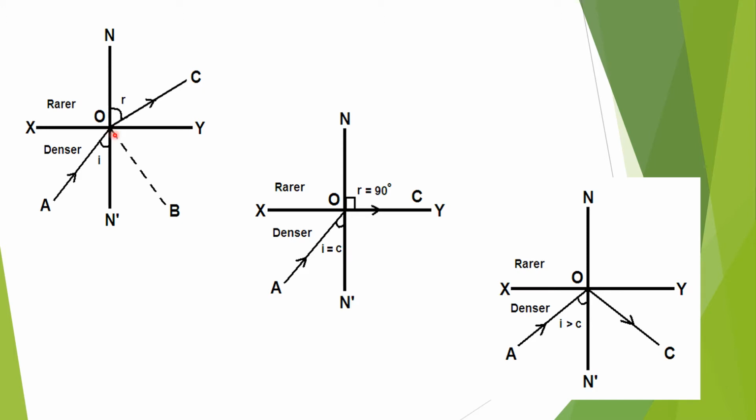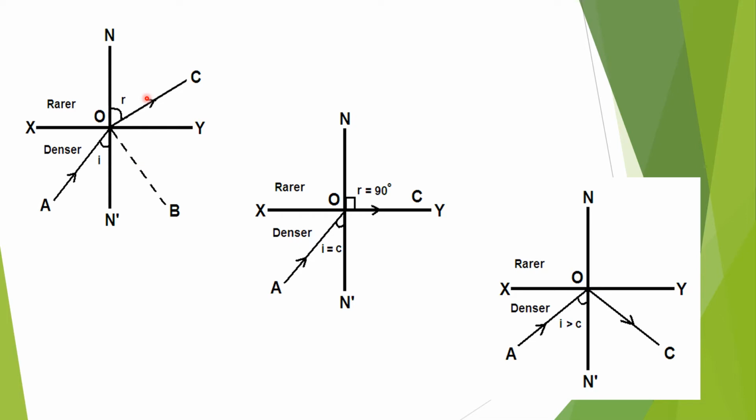The incident ray splits into refracted and reflected rays. Here the angle of refraction is less than 90 degrees. So this is the first diagram, denoting reflection and refraction.